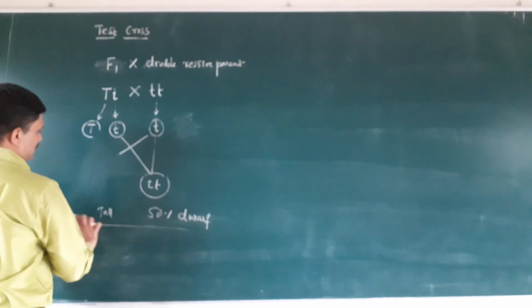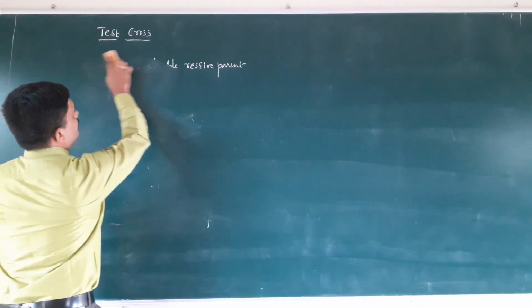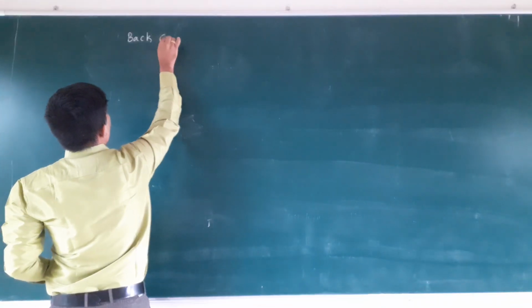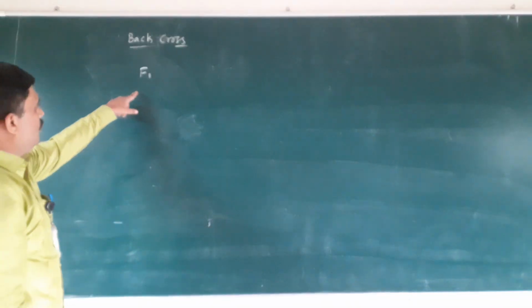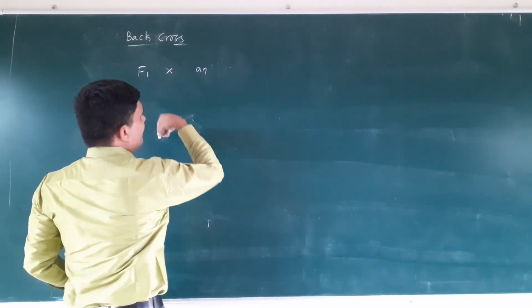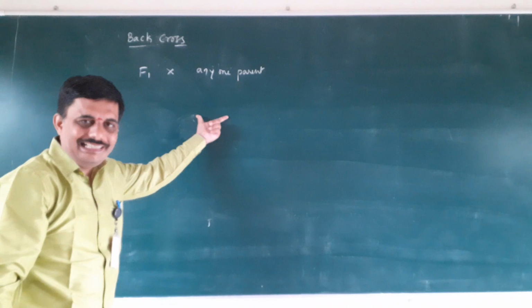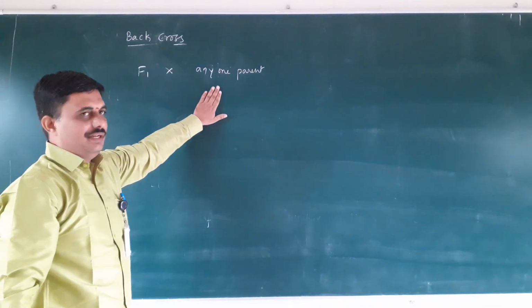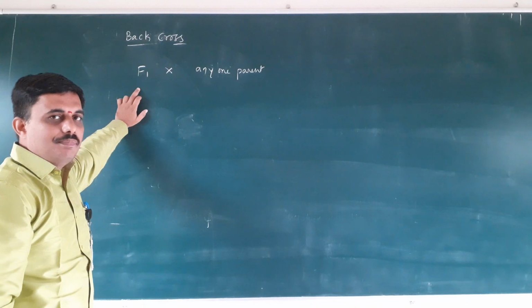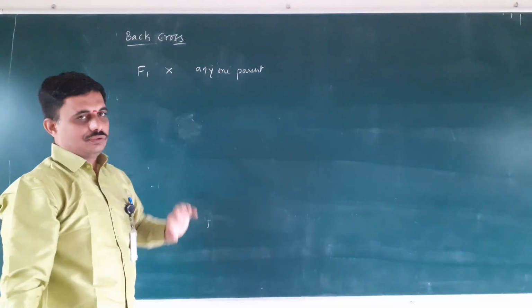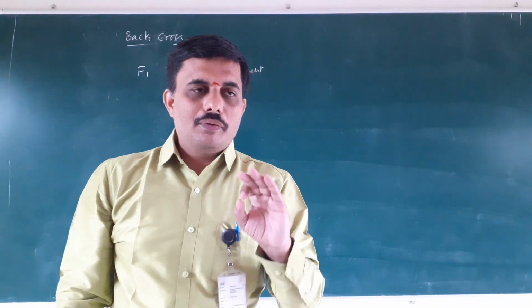Next, what is back cross? Back cross is the cross between an F1 hybrid and any one of the parents, maybe the dominant or the recessive parent. Why do we do the back cross?